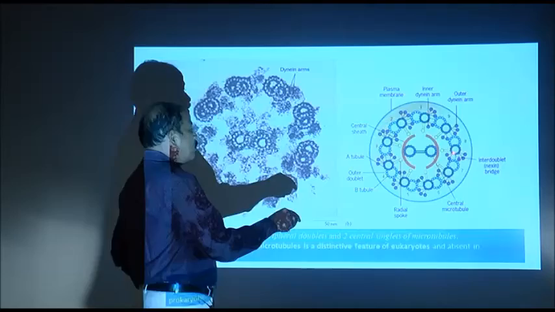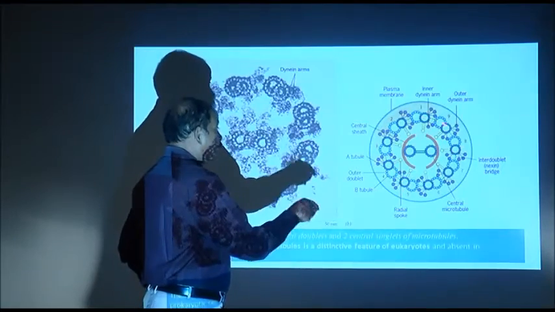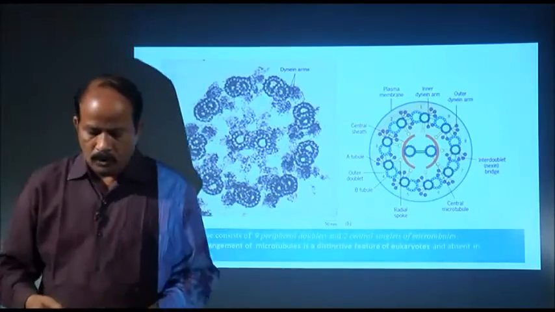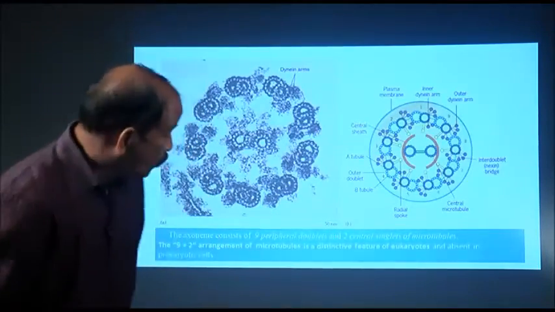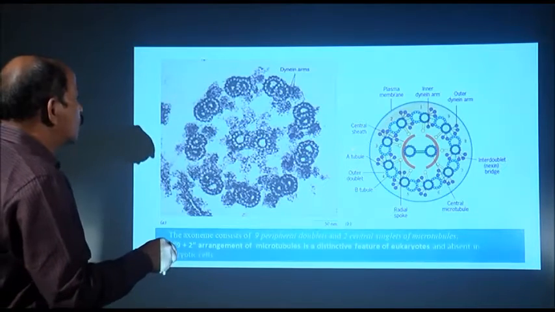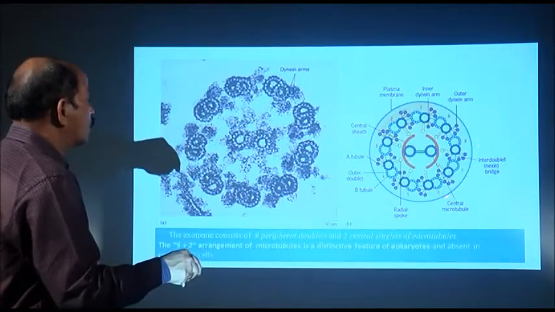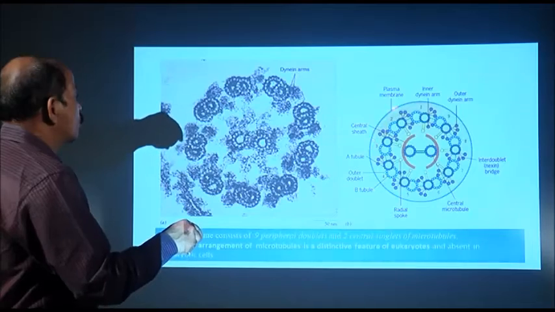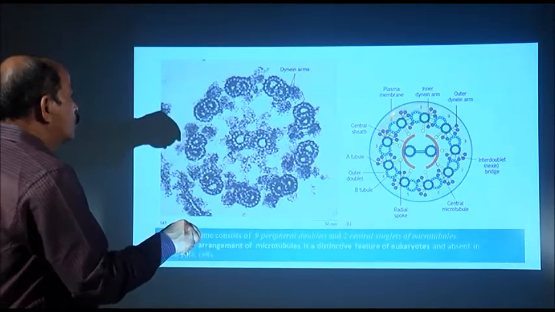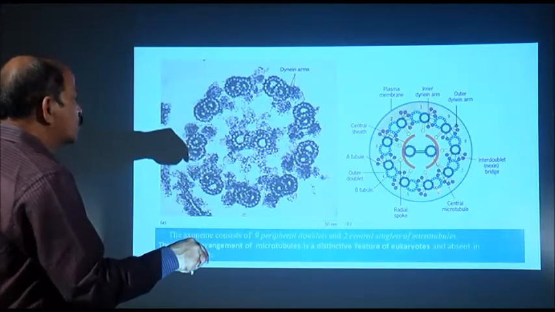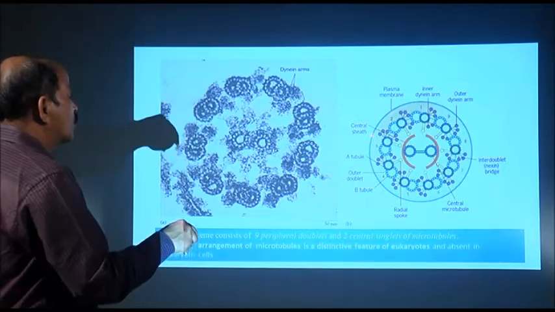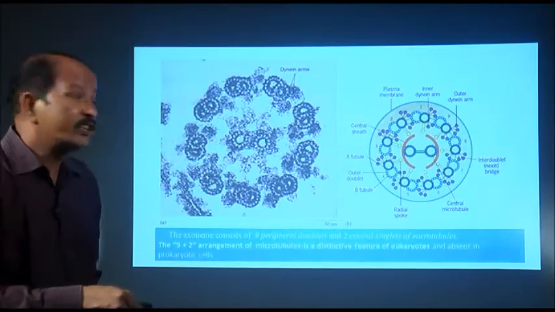So 9 doublets and 2 singlets form the anatomy of a cilium or a flagellum, and further they are surrounded on the outside by the extension of the animal cell plasma membrane. Okay. So, the central structure entirely is the axoneme, and it is the axoneme surrounded by the plasma membrane of the animal cell from which it arises.